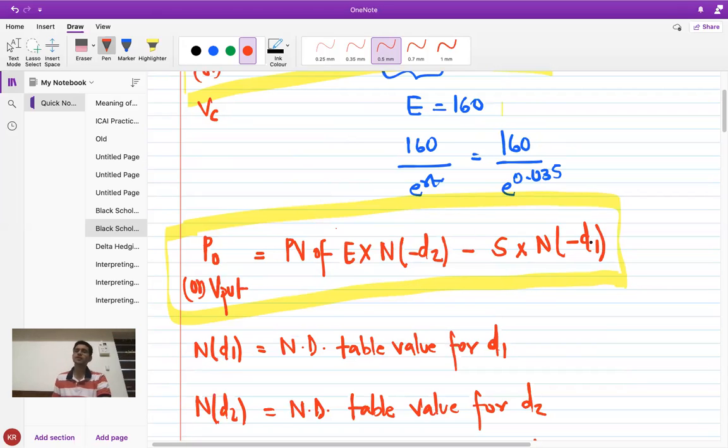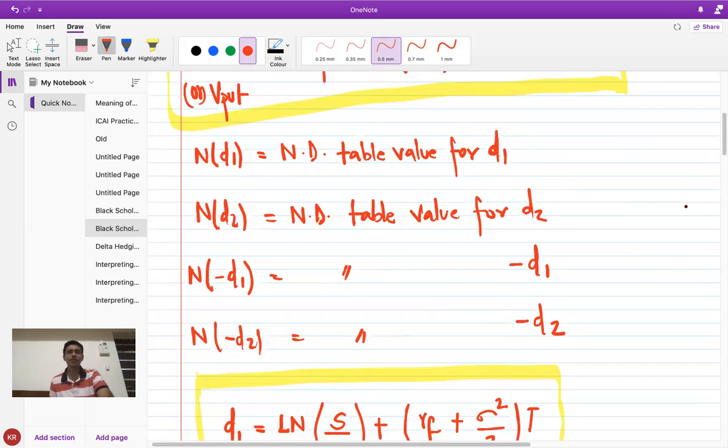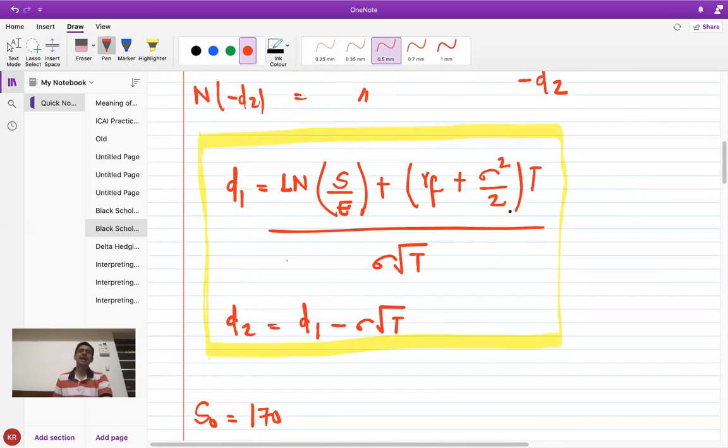Value of a put option is present value of exercise price into N(minus d2) less spot price into N(minus d1). Although this is not a formula, I'm just writing it down. That is the second formula. d1 is ln of S by E plus rf plus sigma square by 2 into t, the whole divided by sigma root t. This is the formula for d1. d2 is d1 minus sigma root t.